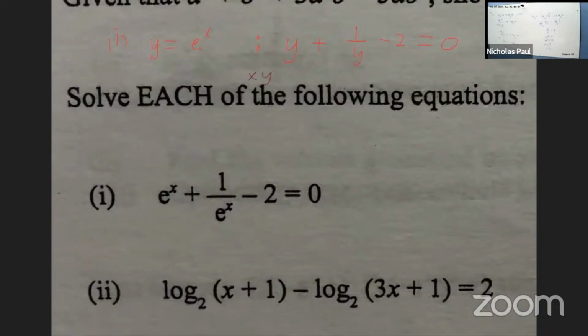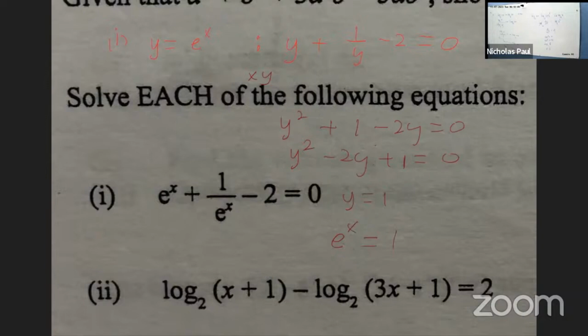And you'll get y squared plus 1 minus 2y is 0. This is a quadratic, and you get y to be 1. But you can't just leave the answer as y is 1. What you have to do is write it back, make a substitution, and you'll get y is 1, or e to the x is 1.